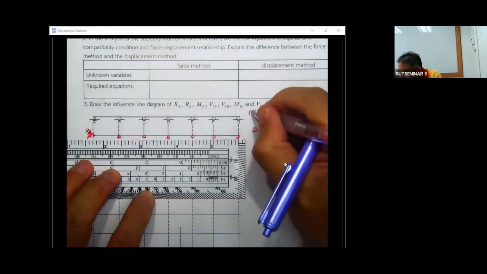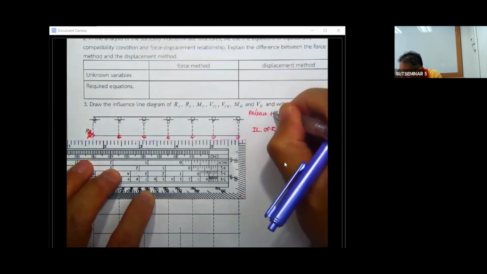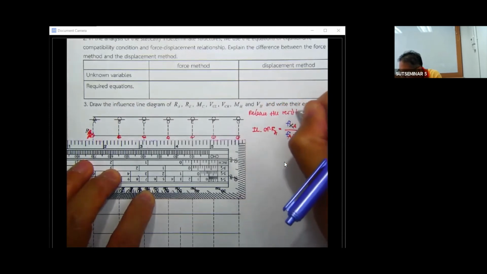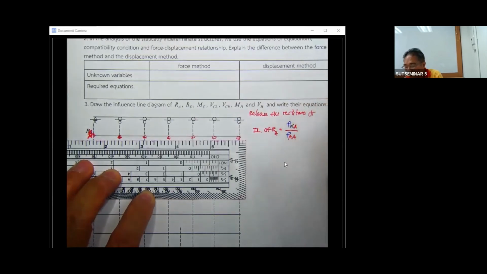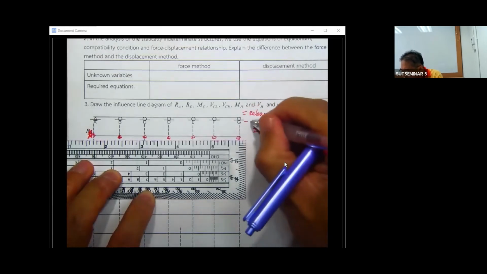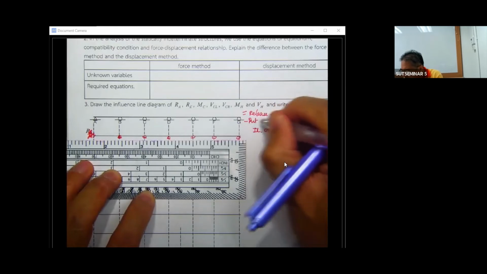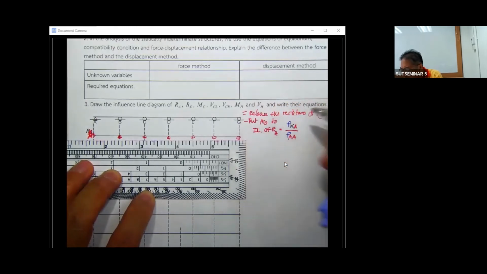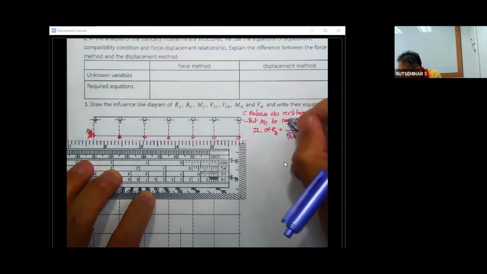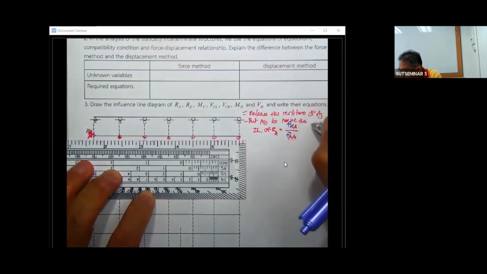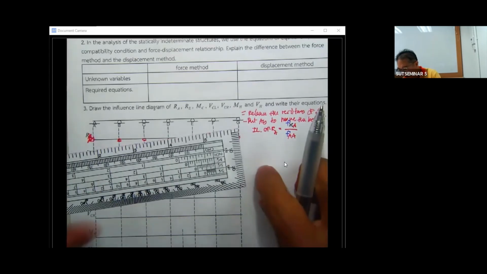Since you have to release the resistance of A sub Y, you have to put A sub Y to move the beam, to make the beam deflect. So this one is going to move for 1 unit.